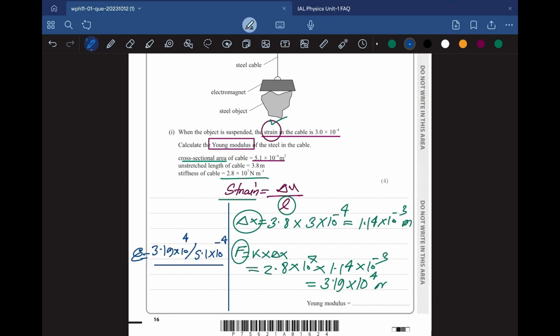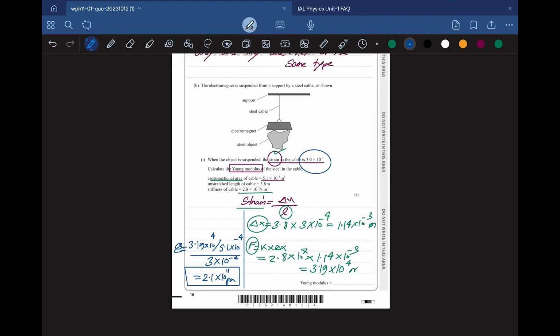So force divided by area divided by the strain, and the strain was 3 into 10 to the power minus 4, given in the question. So basically our Young modulus is going to be 2.1 into 10 to the power 11 Pascal. This is the answer for Young modulus.